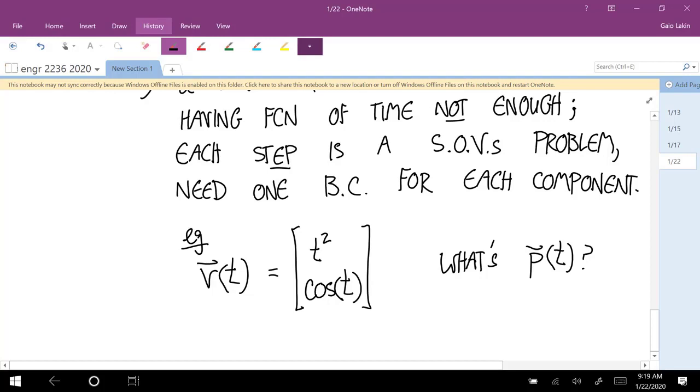Well, just intuitively, this is telling you how fast something's moving and in what direction, okay? But it could be happening right along the ground, or it could be happening 30,000 feet up in the air. Obviously, that information is important to come up with a position function. So that's what you need for the boundary conditions, okay?